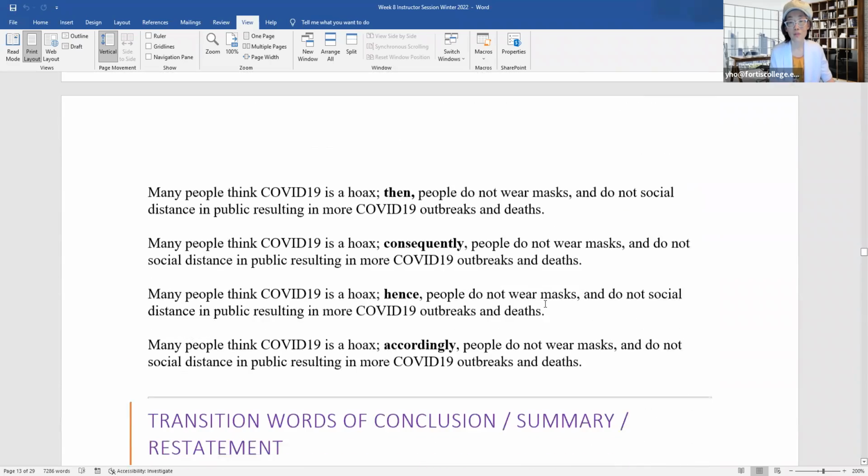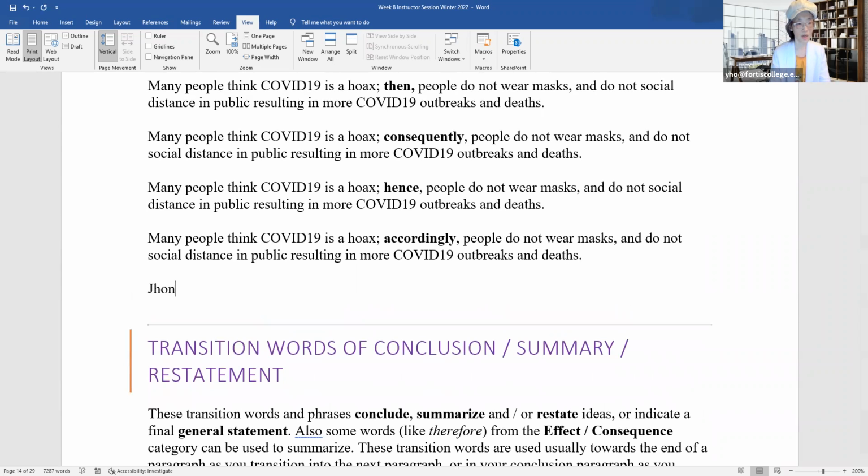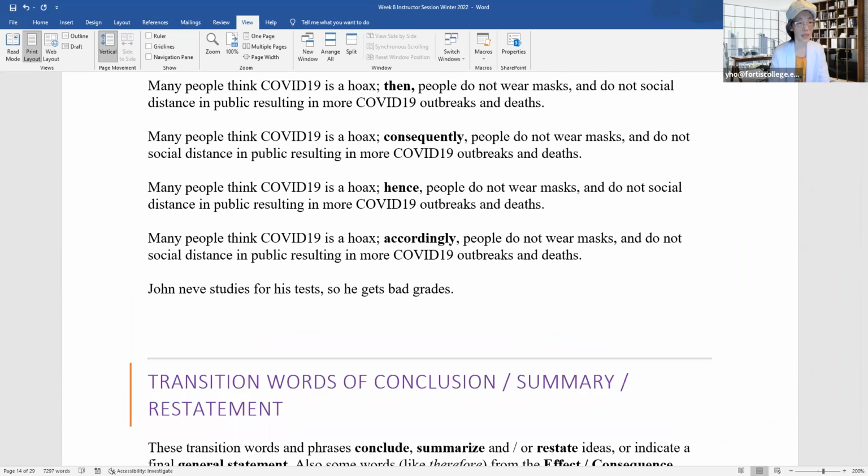So if I were to give the example here, John never studies for his tests, so he gets bad grades. And I could say, John never studies for his tests.